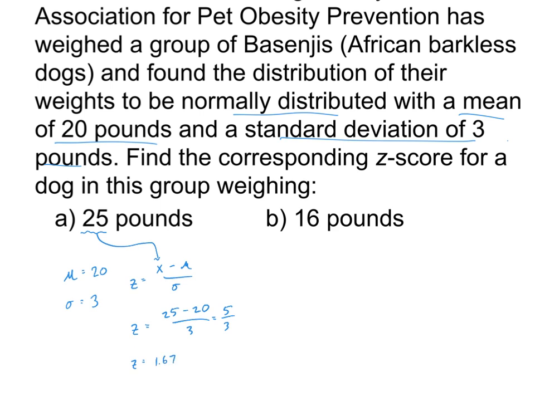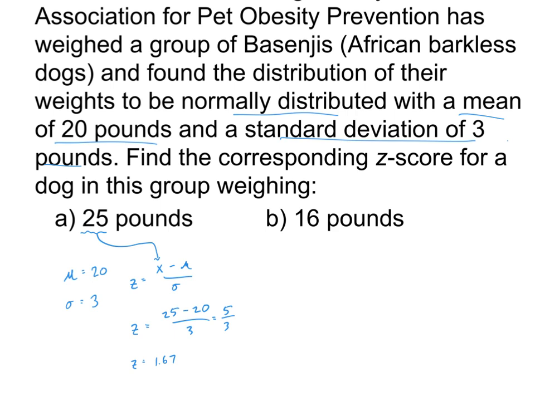So I'll round that to 2 decimal places, 1.67. And that's it. That's our z-score. If the problem asks for more, we would then need to go to that table that I have on the last, or 2 slides ago, and go from there and find the area that corresponds to that z-score. But we'll save that for the next video where we put these 2 pieces together.